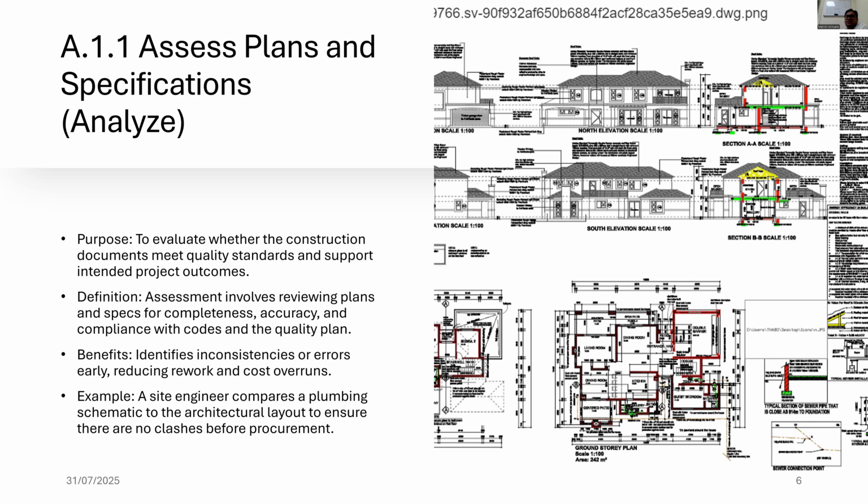So the benefit is to identify inconsistencies or errors early, reducing rework and cost overrun. Remember this: as the project progresses, as you deliver the requirements incrementally, the cost of rectification and repair increases.